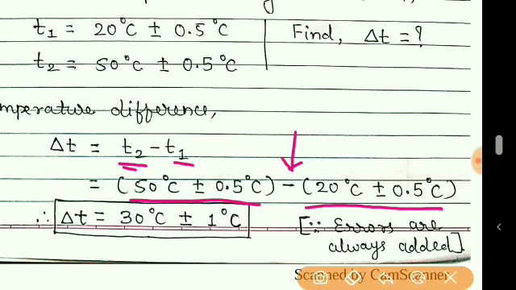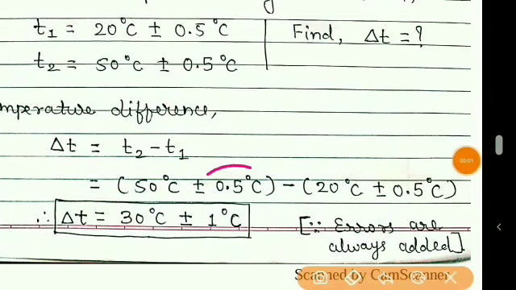Now students, always remember, when we subtract, the subtraction is carried out from true value to true value, that is 50 degrees Celsius minus 20, which is 30.